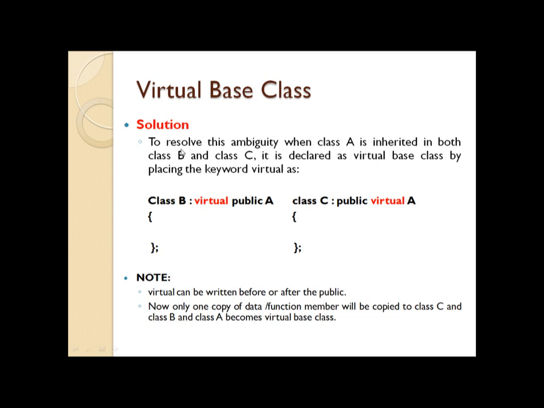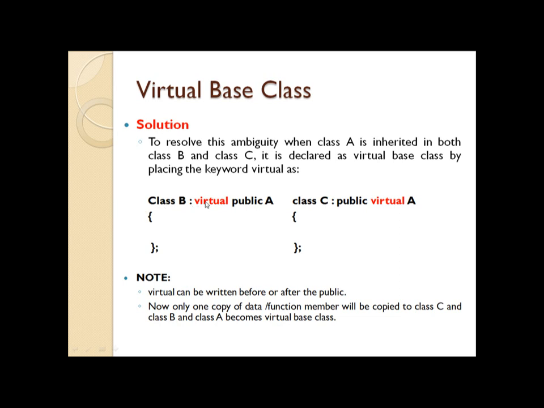Let me read these lines. To resolve this ambiguity when class A is inherited in both class B and class C, it is declared as a virtual class by placing the keyword virtual. As class B is inheriting class A and we want to make this class virtual, we simply place the virtual keyword before or after the visibility modifier, both are correct. Here I have shown both situations.